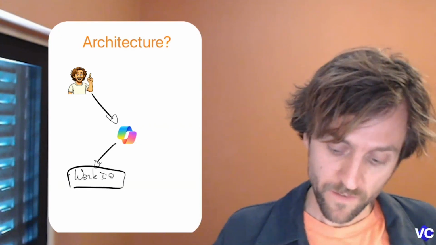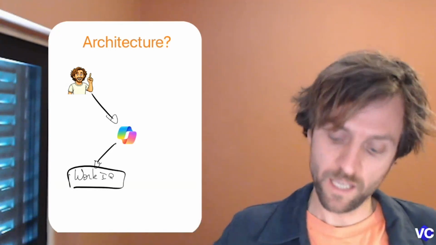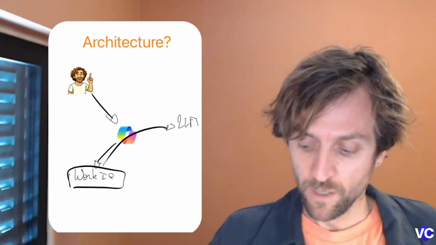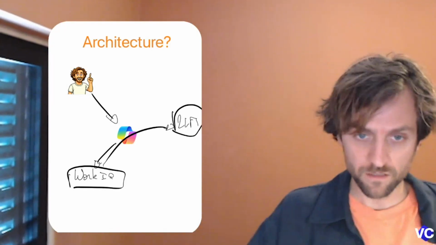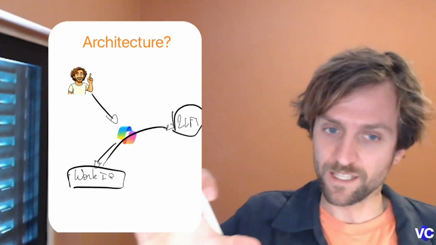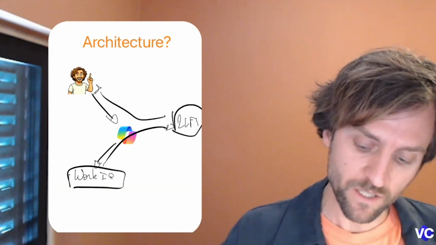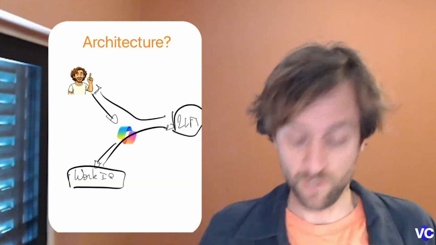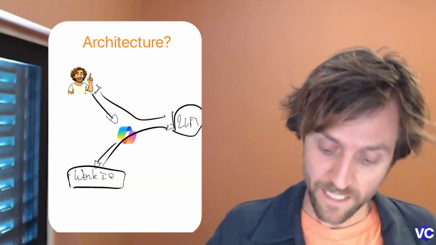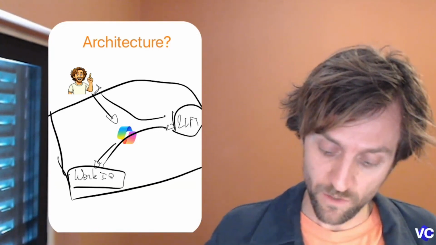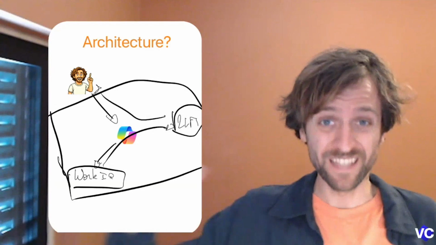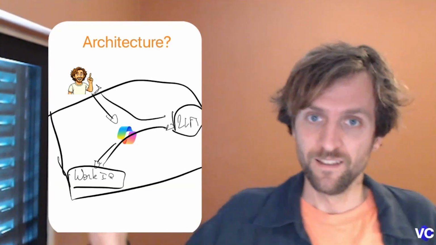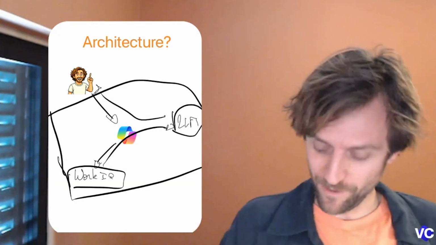Then, based on the prompt, it gets that information and sends it back to the LLM, which makes an answer based on only the things that you have access to, and then pushes that answer back to me as the prompter. And that, again, is all protected within your Microsoft environment. So your data never leaves your Microsoft tenant, which is super important in the IT governance of a company.